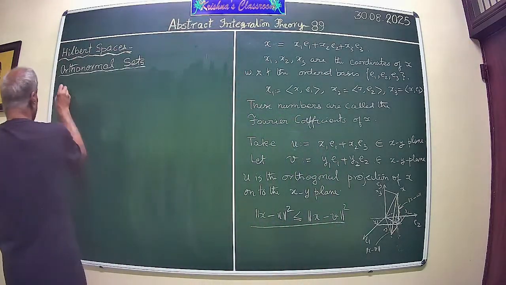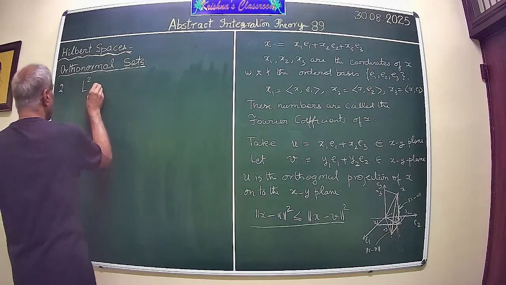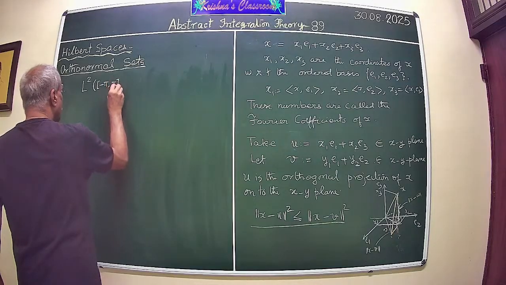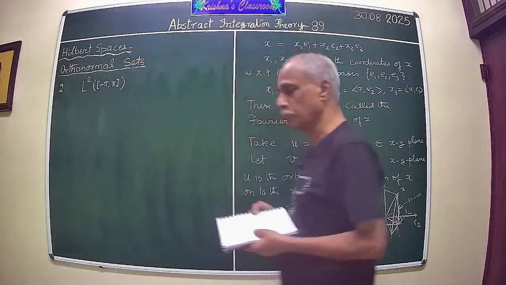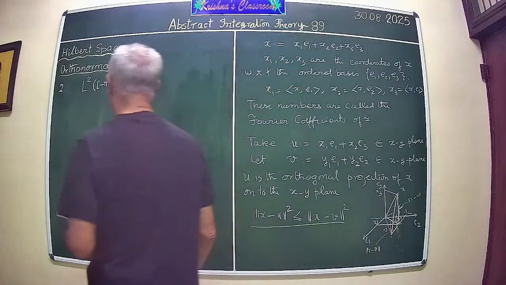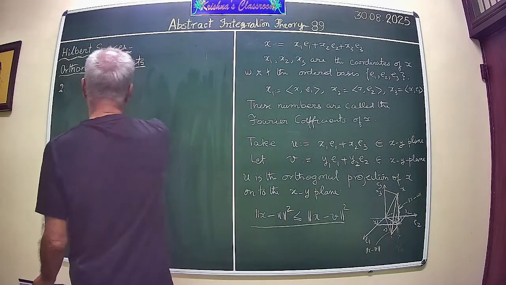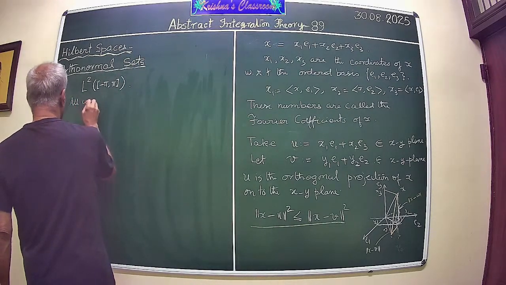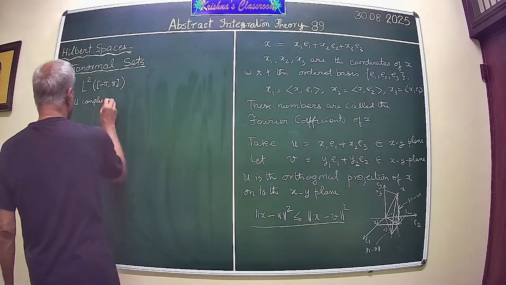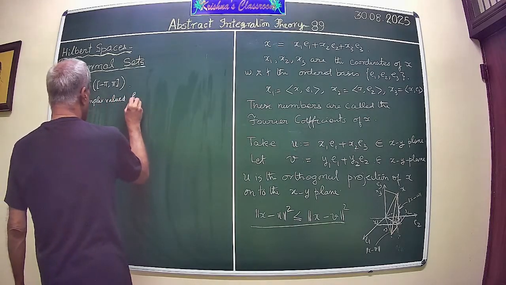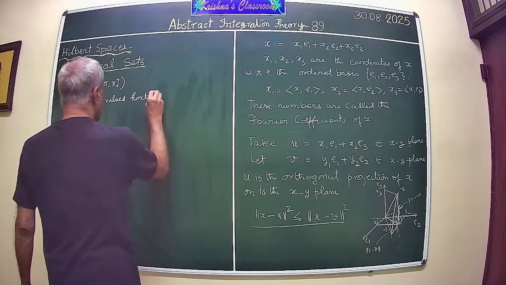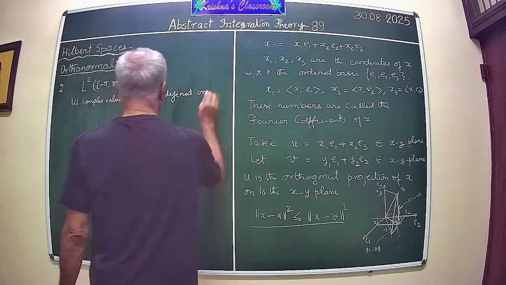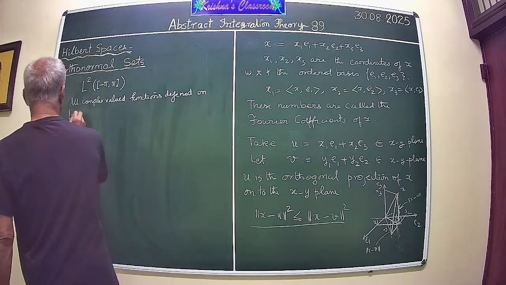So consider L2 minus pi to pi. Okay. So this consists of all complex valued functions defined on the interval minus pi to pi.